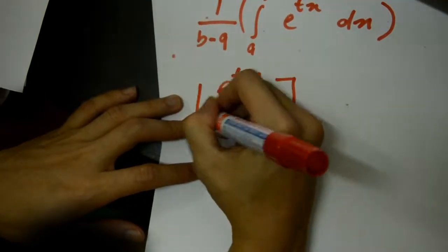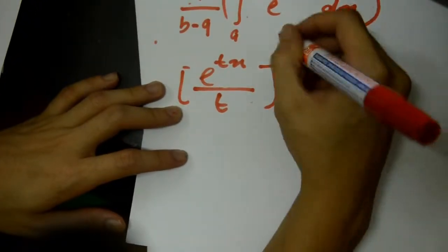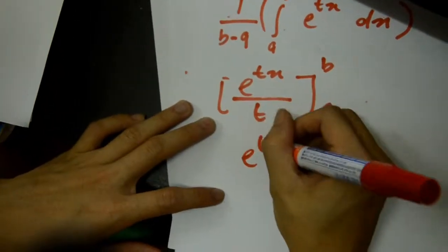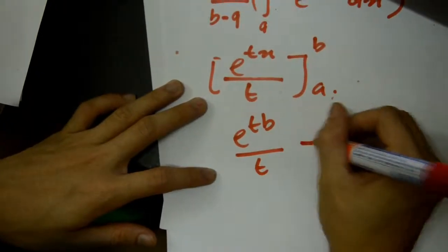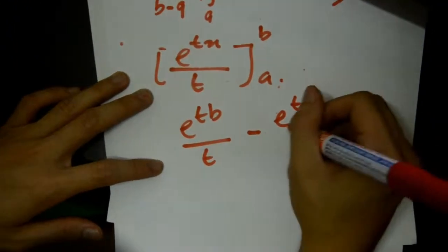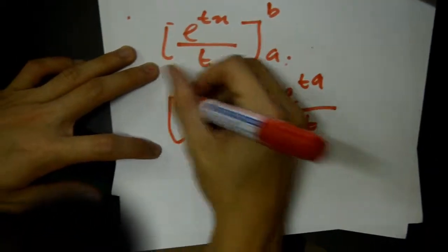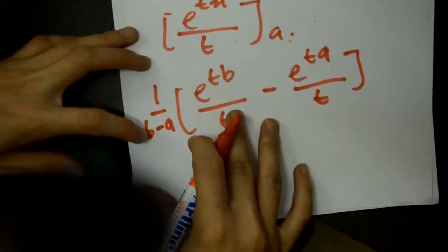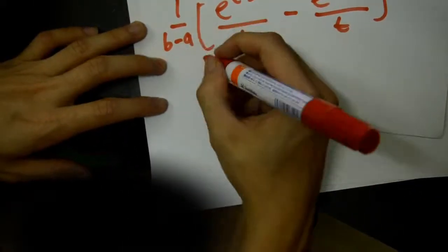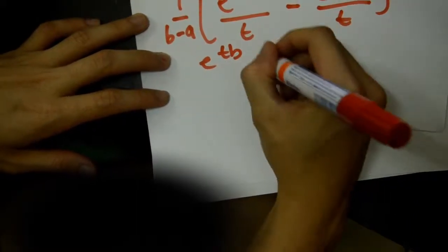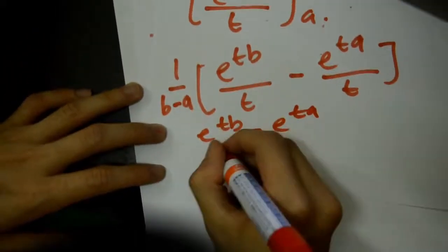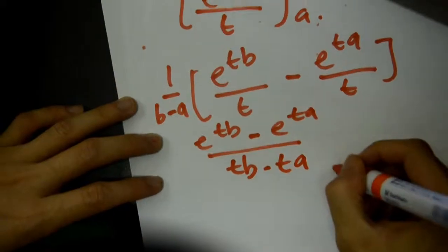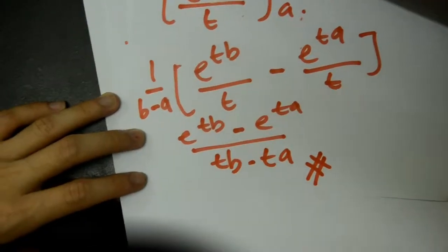So you get e to the power of tx over t, evaluated from a to b. Solving this, you get e to the power of tb over t minus e to the power of ta over t, and you multiply by the constant you left outside, 1 over b minus a. At the end you get e to the power of tb minus e to the power of ta, over tb minus ta. This is the moment generating function for the uniform distribution.